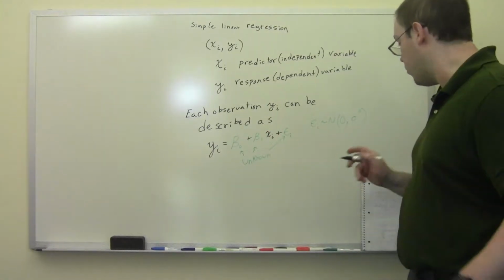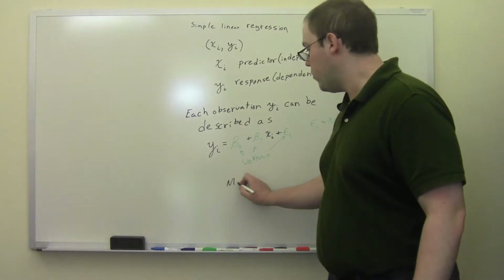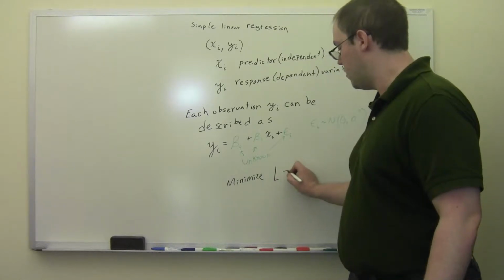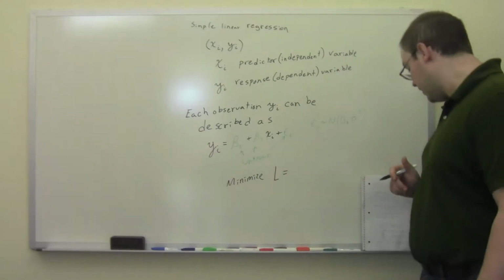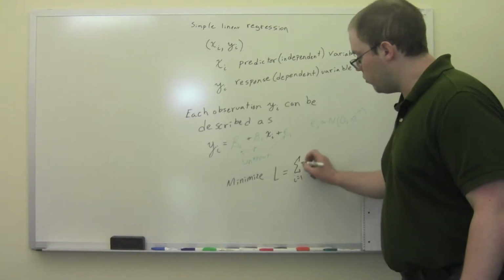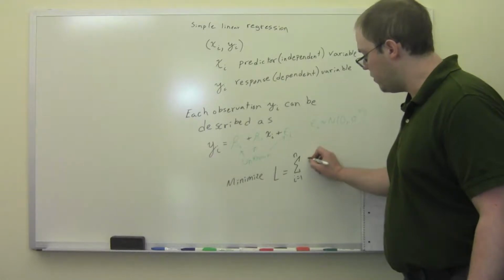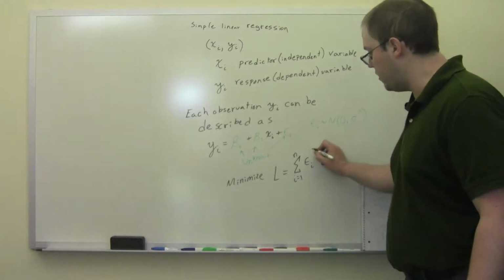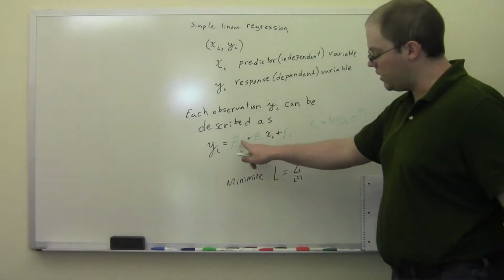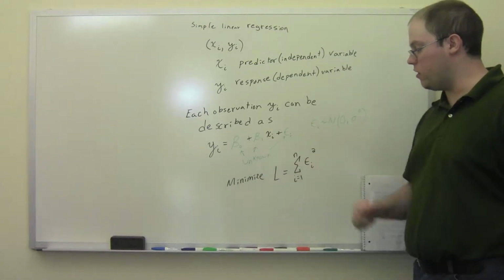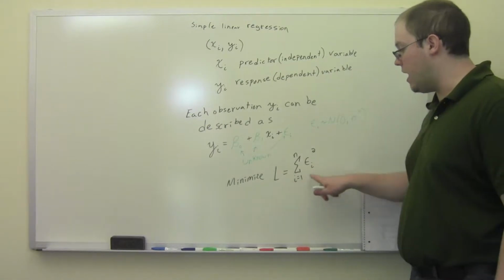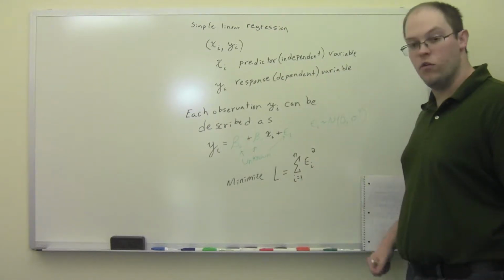But the criteria that we want to use is we want to minimize this L, which stands for likelihood. And what we're going to do is minimize these epsilon sub i squareds. So in other words, we want to pick our coefficients beta 0 and beta 1 such that the square of these errors, these epsilon sub i's, is minimized.